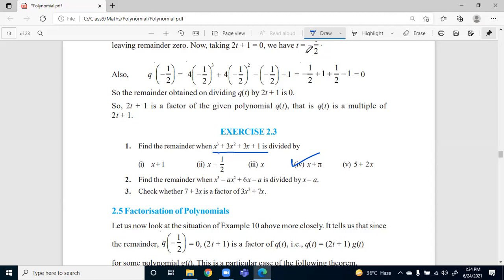Ma'am, is it a cube minus a square plus 5a? Still incorrect. It should be a cube minus a square plus 6a minus a. I don't know why you are making that silly mistake. Should it be a cube minus a cube plus 6a minus a?